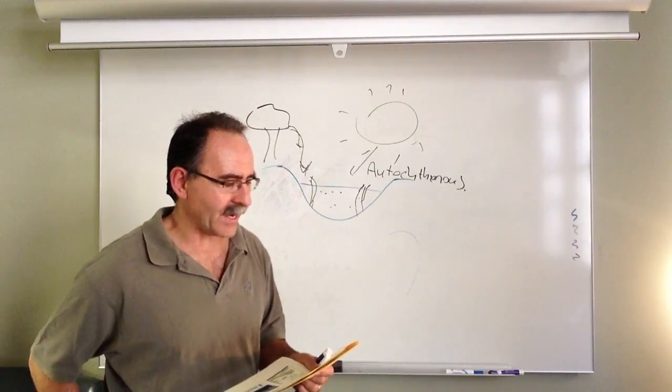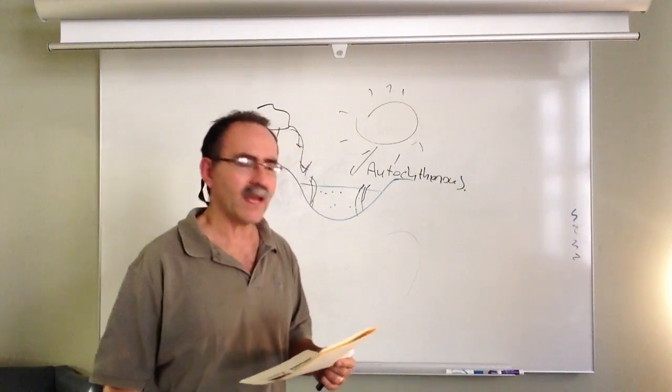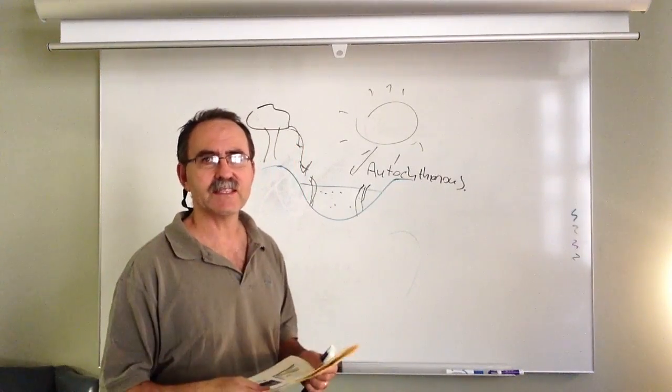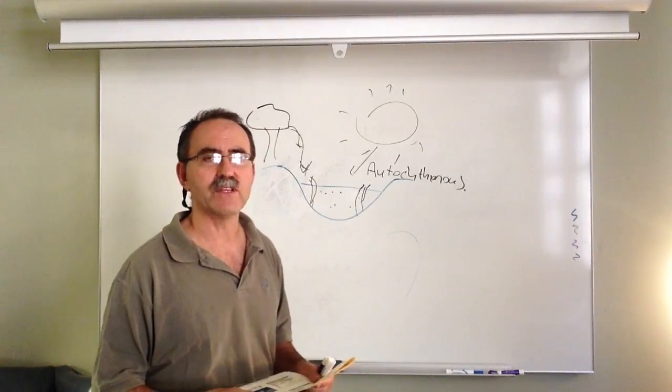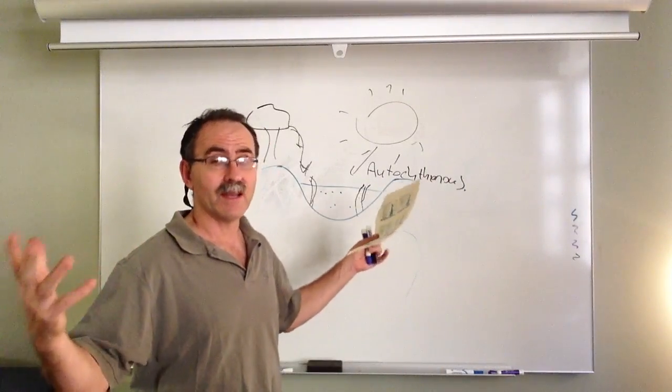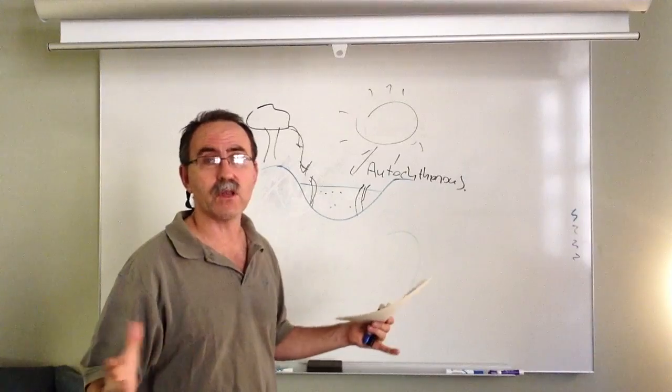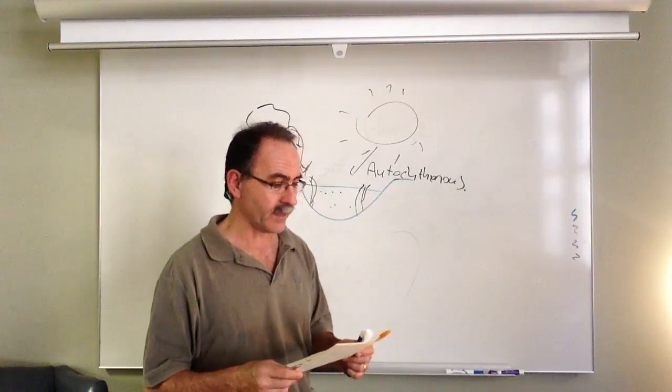And so what you're finding over here, as your shading decreases, your contribution of coarse particulate organic matter reduces as well, because you've got less trees per unit volume, if you like, of water as well.